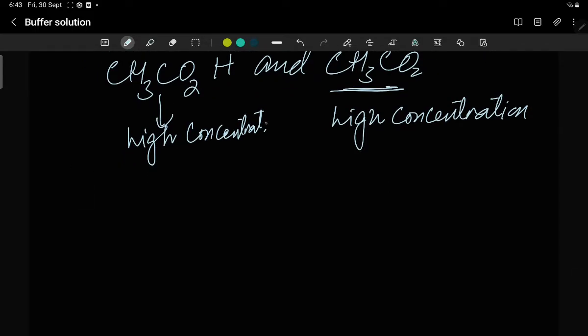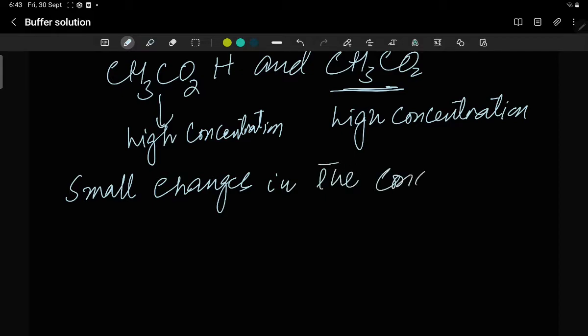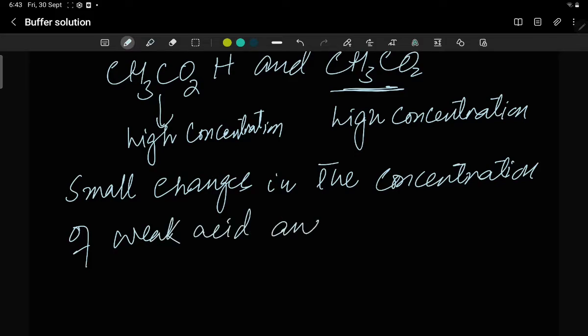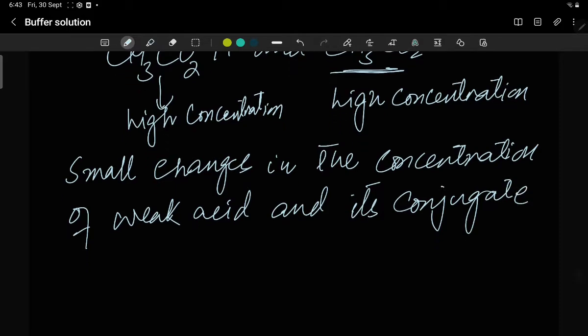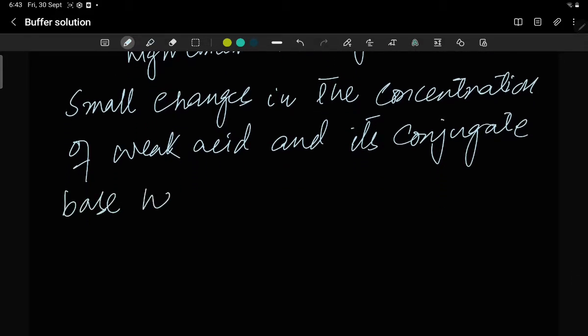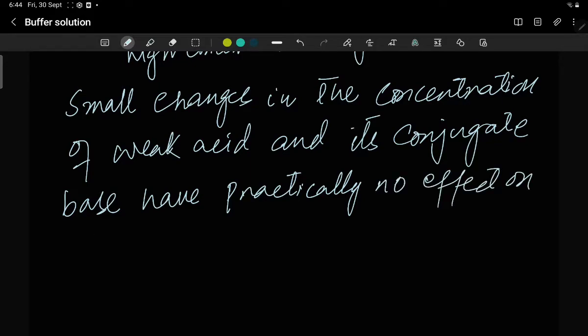Due to the high concentration of weak acid and high concentration of ethanoate ion, small changes in the concentration of weak acid and its conjugate base have practically no effect on the pH of the solution.